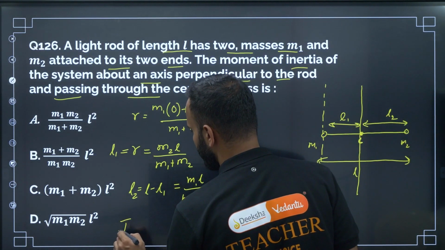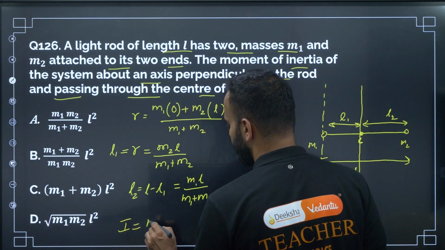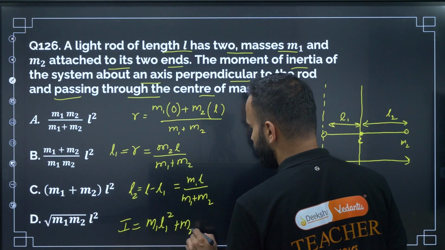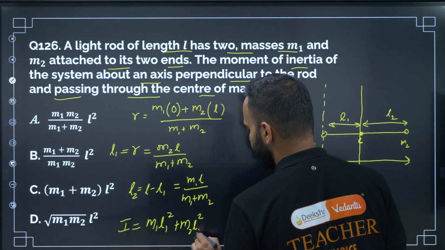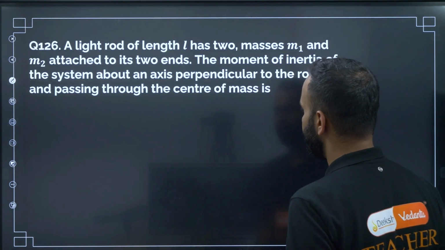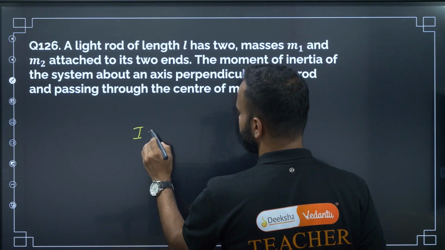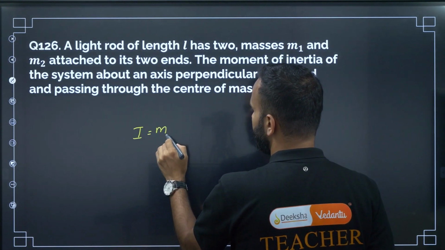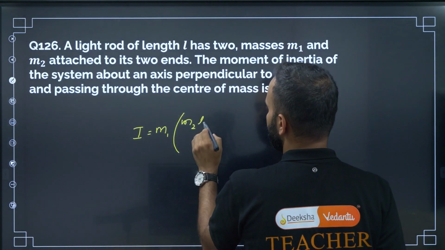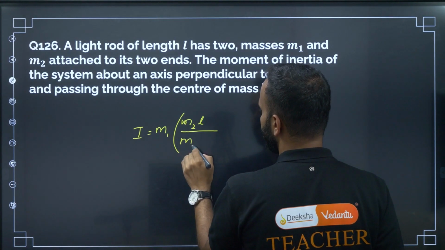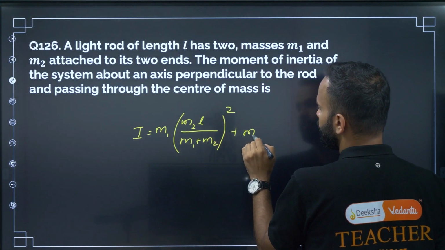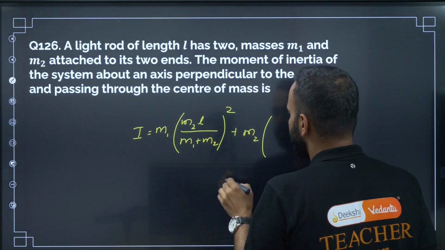The total moment of inertia I is equal to m1 into L1 squared plus m2 into L2 squared. That is, I is equal to m1 into L1 squared, that is m2 into L divided by m1 plus m2 whole squared, plus m2 into L2 squared.